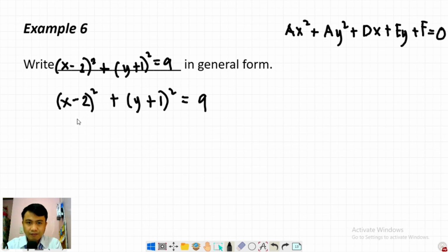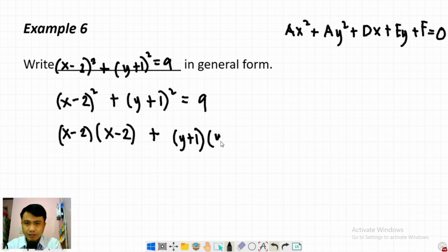So, we can have (x - 2) times (x - 2) plus, ganito rin yan, (y + 1) times (y + 1) equal yan sa 9.